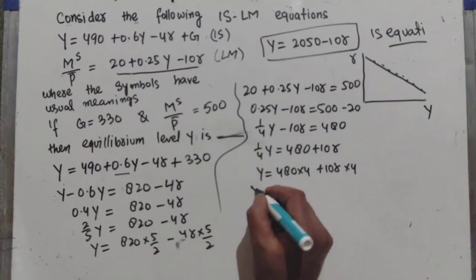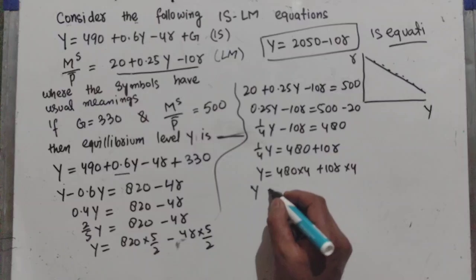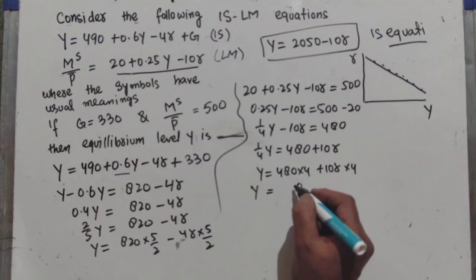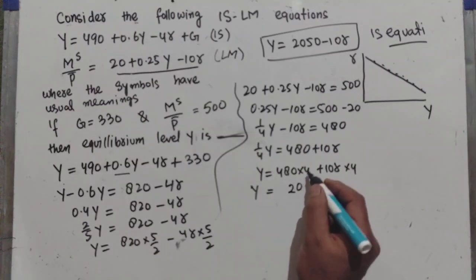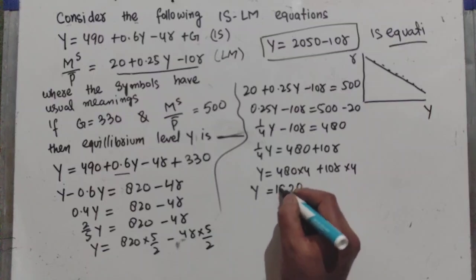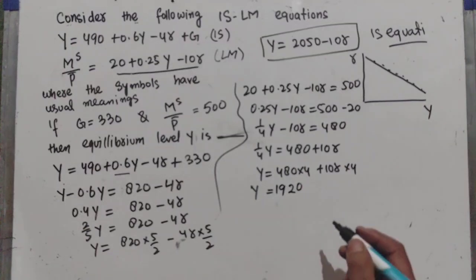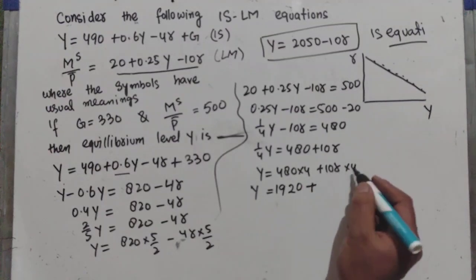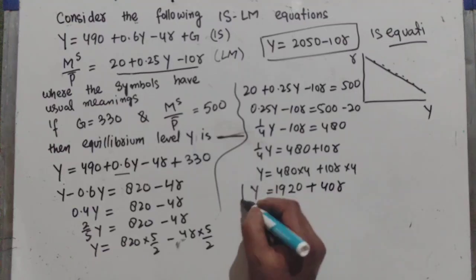Let's do the calculation here. 4 zeros are 0, 4 8s are 32, 4 4s are 16, 17, 18, 19. So we got 1920 plus 10 4s are 40r. So this is our LM equation.